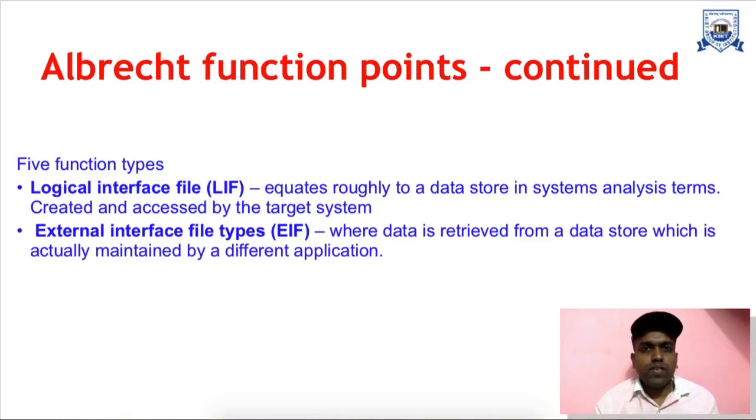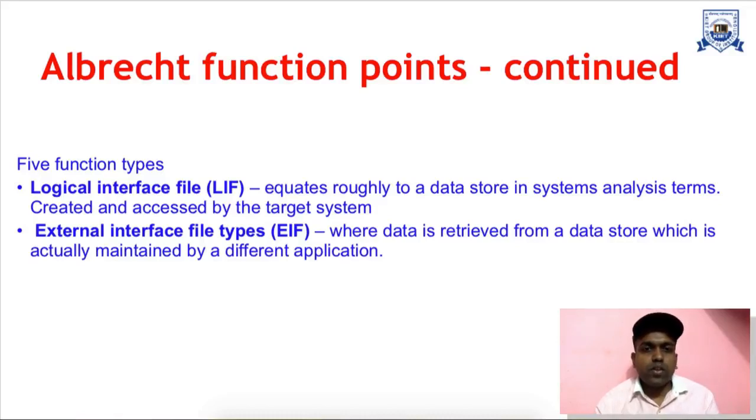These are the 5 function types that Albrecht found. First one is LIF, or logical interface file. Second one is external interface file. First of all, I will talk about LIF. What is a logical interface file?